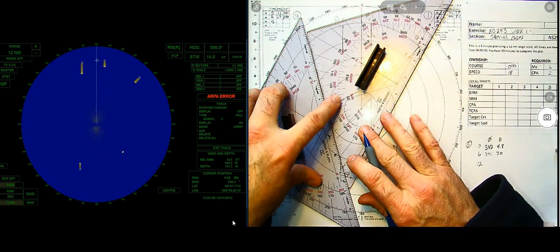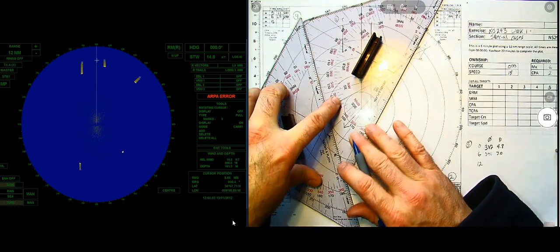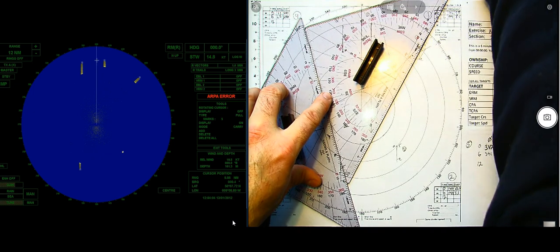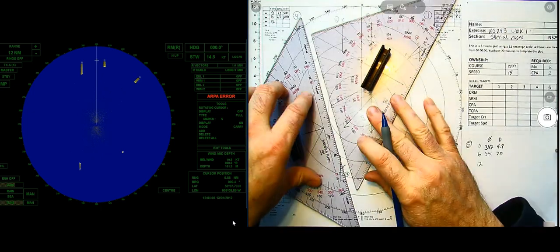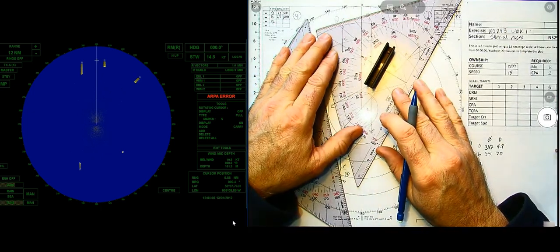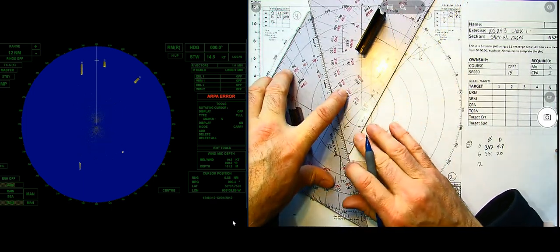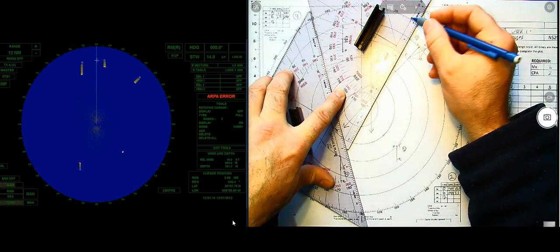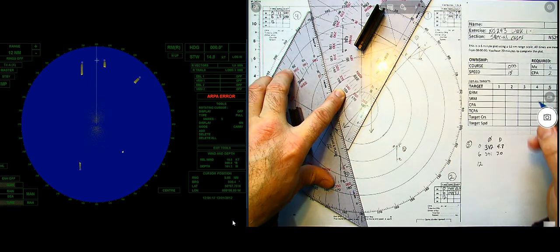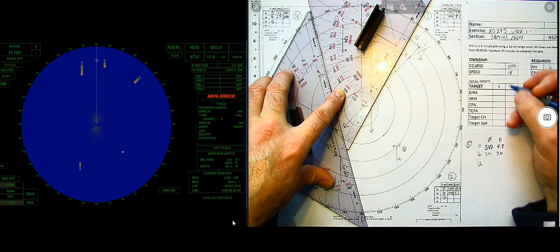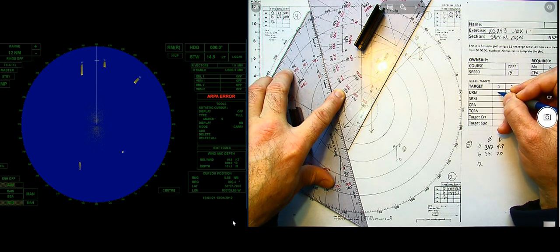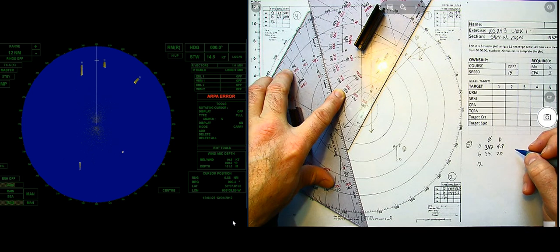All right, so I take that, I get that, and I bring that up to, let me just get that line again. It looks to me like I've got to change my course to 030. The problem target is target 1, and the new course that I want to steer would be 030.